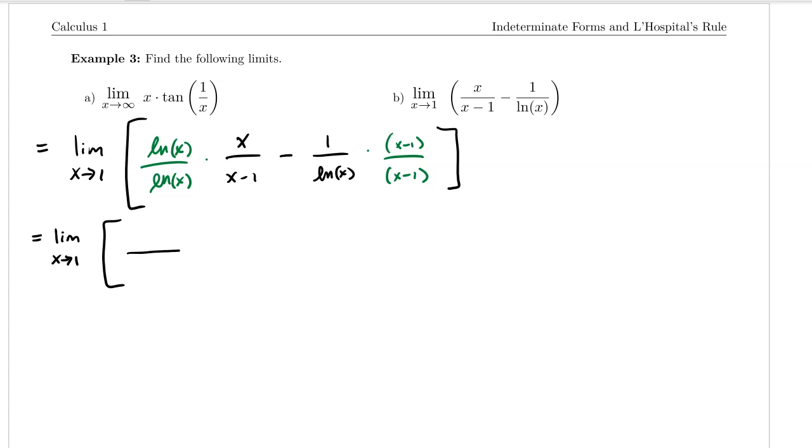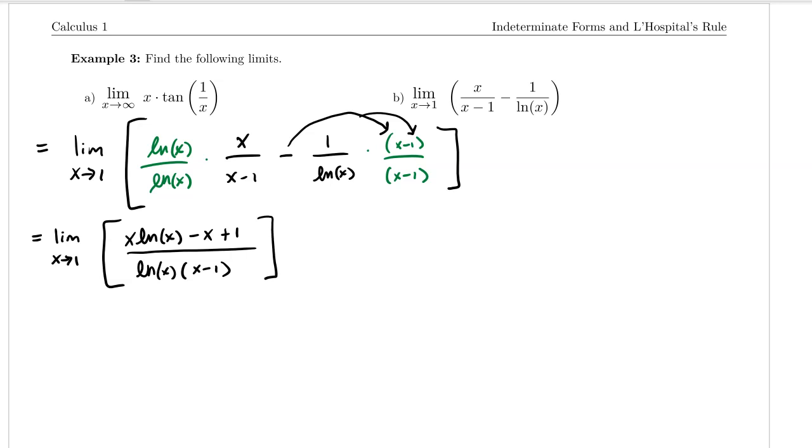So my new combined denominator is going to be the natural log of x times the quantity x minus 1. And then my numerator is going to become x times the natural log of x. And I'm going to distribute this negative 1 into the x and the minus 1. If I do that, I get minus x plus 1.